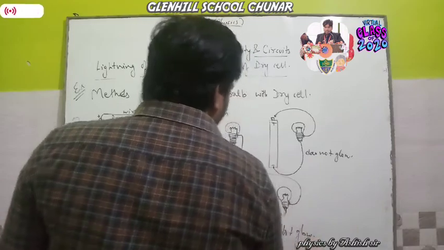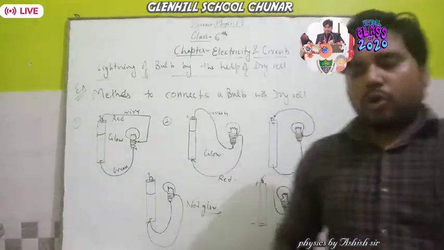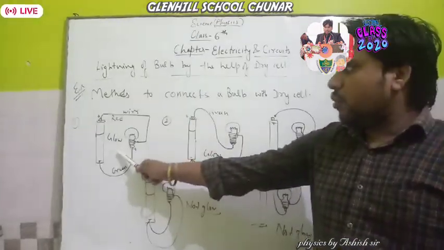Why does it not glow? Let's see what happens here. In the first case, the bulb glows. Why does it glow?